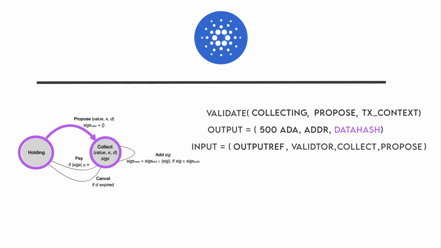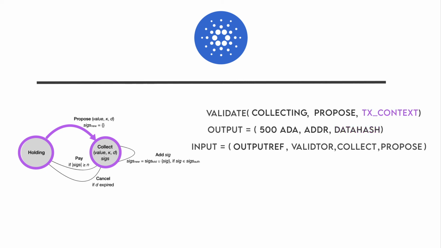But that is not all we want to validate. Since we have an empty set of signatures, we want to make sure that the consuming transaction is not yet trying to send that locked value in the contract to another address. And that is where the sneaky last parameter comes in.